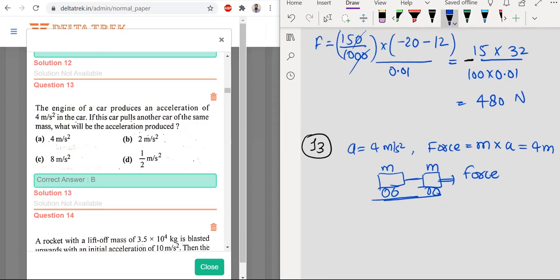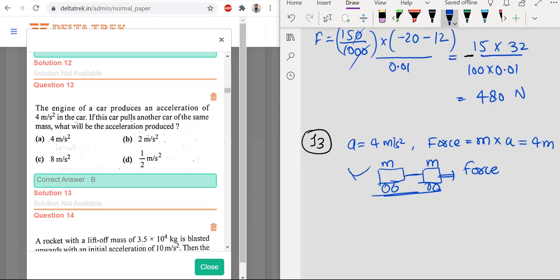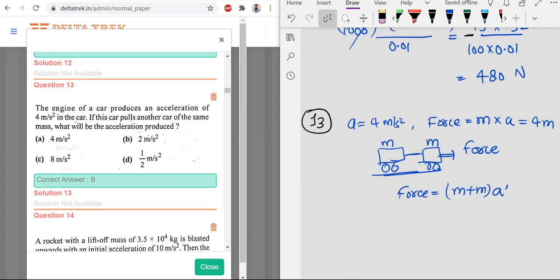But the problem is that now the masses are 2, but the force is the same. Force hasn't changed. So force is equal to what? There are two masses, so I'll write first m plus m, into some new acceleration which it has asked. So a dash is force divided by 2m.